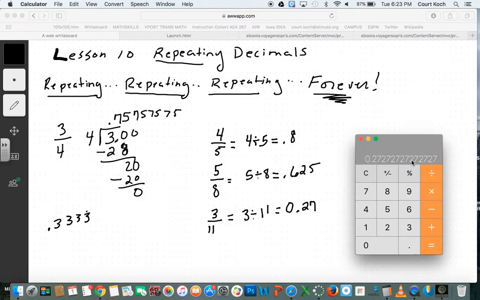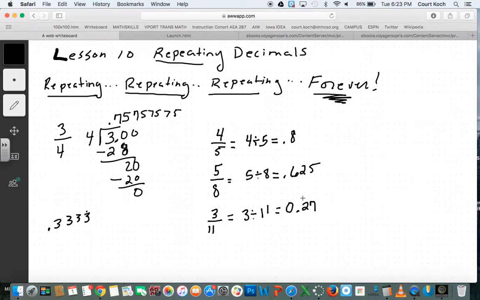Whenever numbers repeat, what I do is I put a bar over the top. This bar tells me that that 27 will repeat over and over again for eternity. I don't have to continue to write 27, 27, 27, dot, dot, dot. Don't do this. Don't go 0.27, dot, dot, dot. Nope. Not okay. One bar over just the numbers that repeat.